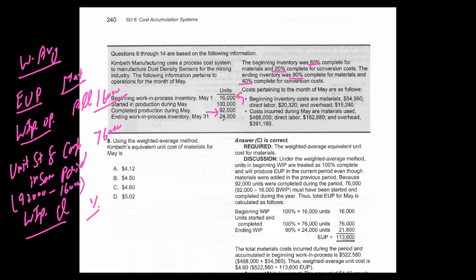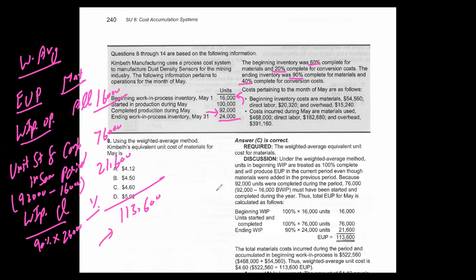So it means for the ending inventory, I need to take 90% of 24,000. So like that, you will have 21,600. So the total equivalent units of production, you will have 113,600. So this is the time you have equivalent units of production.